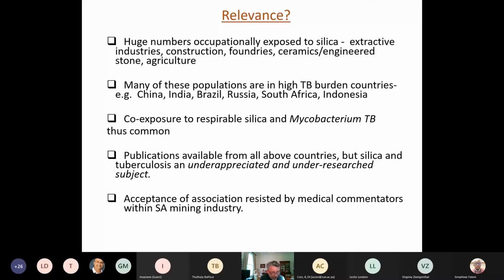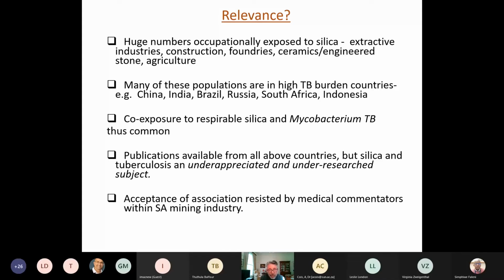Jock McCulloch, the late Jock McCulloch, has written a book on the history of silica, and hopefully there'll be a posthumous book coming out on the history of TB in the South African mines. He had shown how there was resistance within the industry, not from all of the medical commentators, but a few, strong resistance to the idea that there was any causal link between silica, silicosis, and tuberculosis.